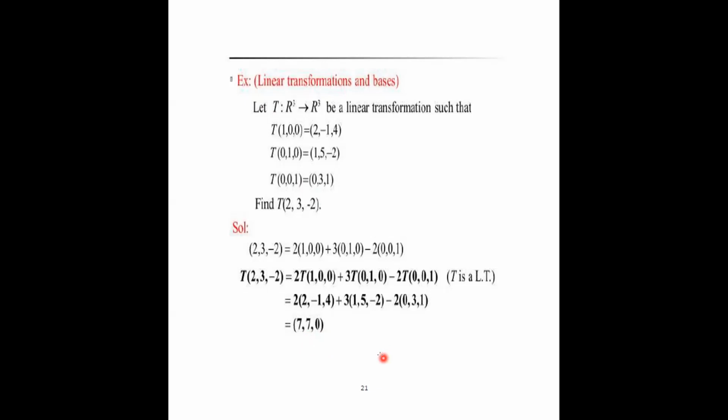So this is how to solve when a linear transformation is provided at the basis of the domain vector space. Then we can find the value of the linear transformation at any arbitrary point on the domain space. This is very easy and also very important for understanding the structure of a linear transformation.